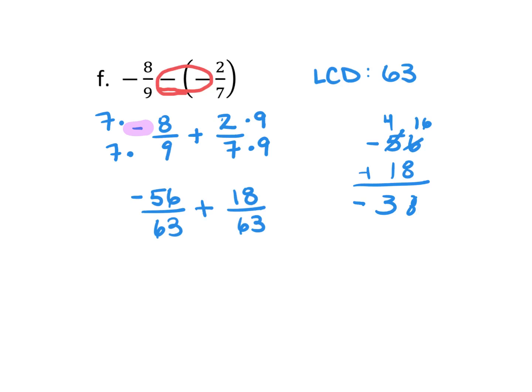And we want to keep the sign of the larger number. And so this is equal to negative 38 over 63. 38 and 63 do not have any common factors, and so this fraction is in lowest terms.